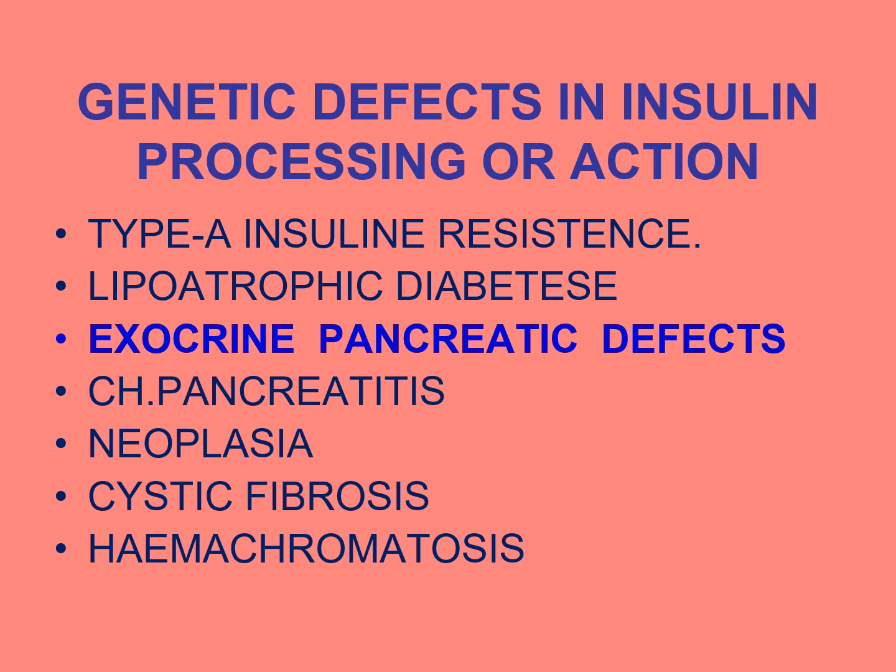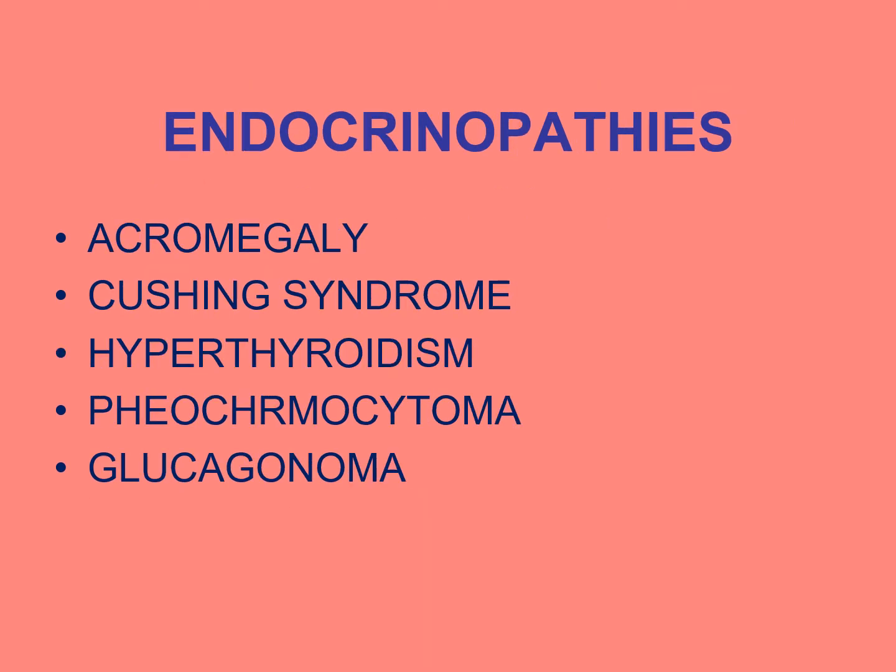We already talked about that when we talked about the liver. In this case, it is known as the bronze diabetes. The endocrinopathies: acromegaly, which is because of the excessive secretion from the anterior pituitary gland that is responsible for other features as well; Cushing syndrome, again because of the increase in the level of the adrenal hormones; hyperthyroidism, pheochromocytoma, and glucagonoma.